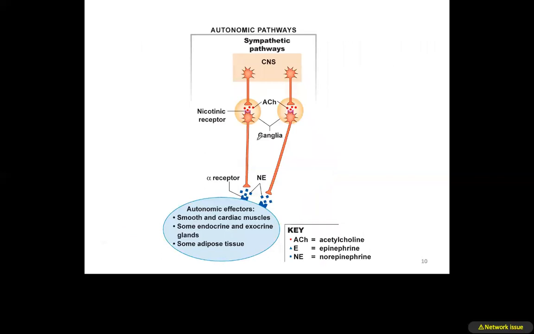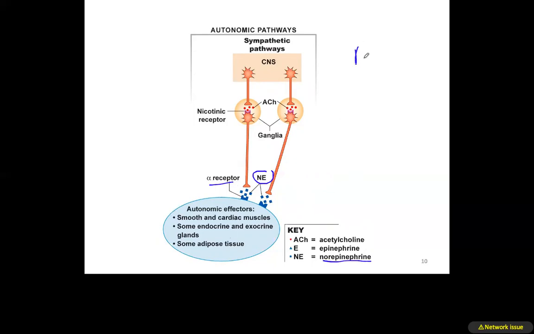So here is the same picture, a depiction of the sympathetic branch. You have the release of ACH within the ganglia, and ACH causes the release of norepinephrine. NE is norepinephrine, shorthanded right here. And the receptors they're depicting in this case are alpha receptors. What are the possible targets?